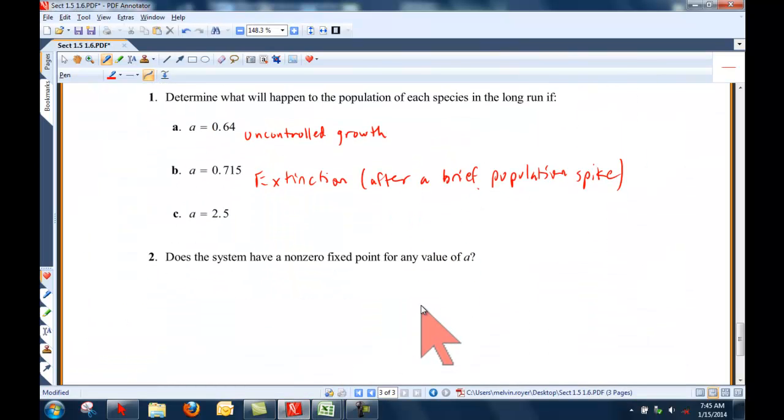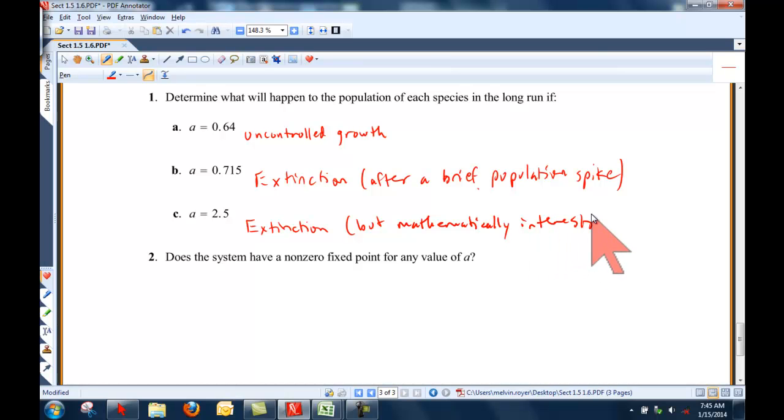Finally, so this was extinction. But mathematically interesting oscillations.